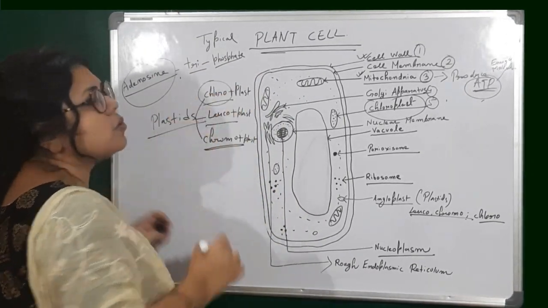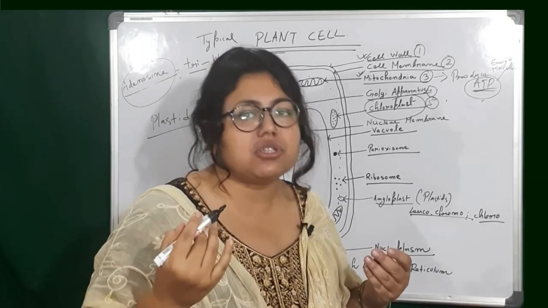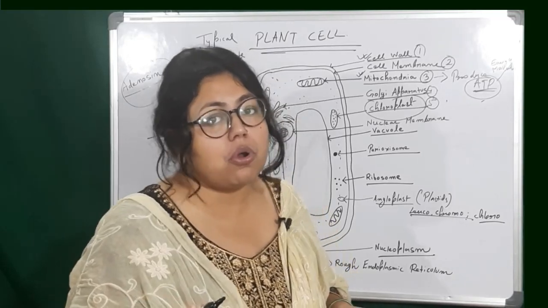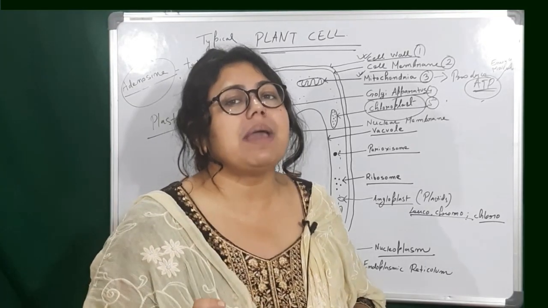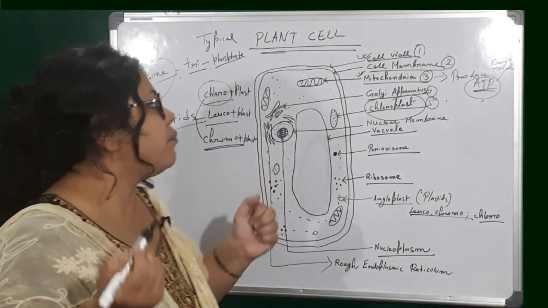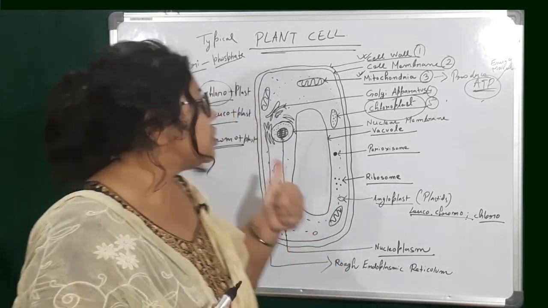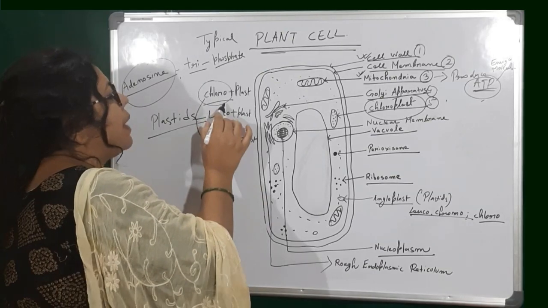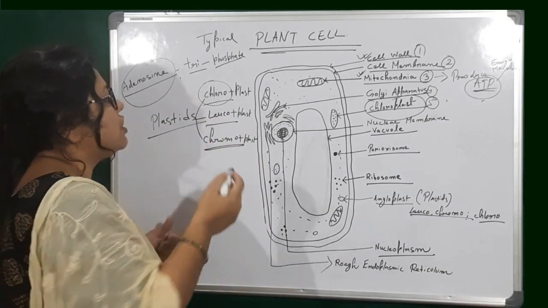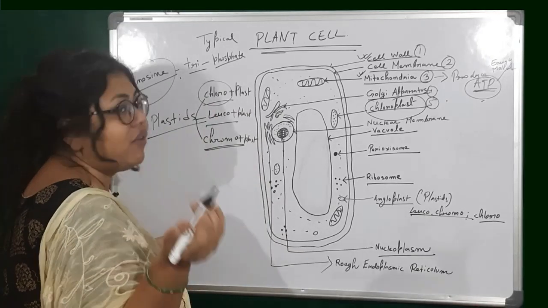Chloro means what? We have often heard since childhood about chlorophyll. What is the function of chlorophyll? Chlorophyll is the green pigment that helps to trap solar energy and is very important for photosynthesis. So that is the chloroplast. It is the plastid that carries and generates the chlorophyll.